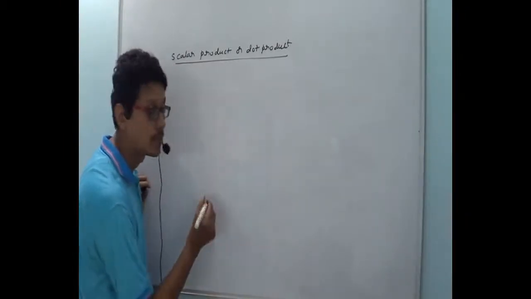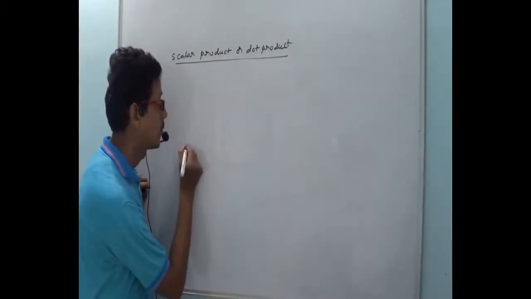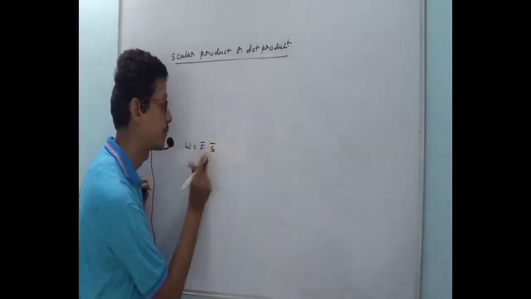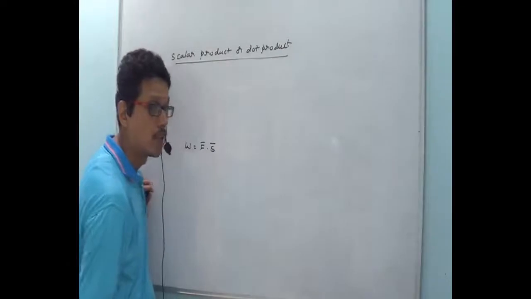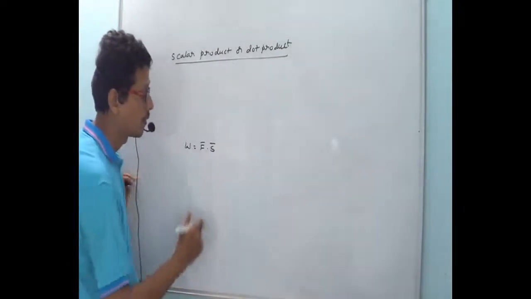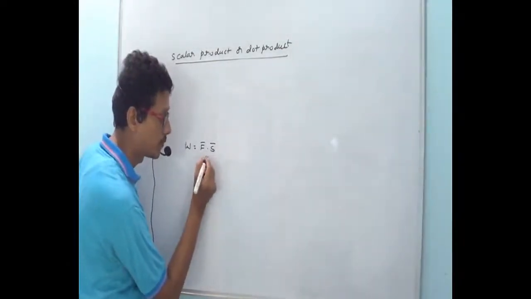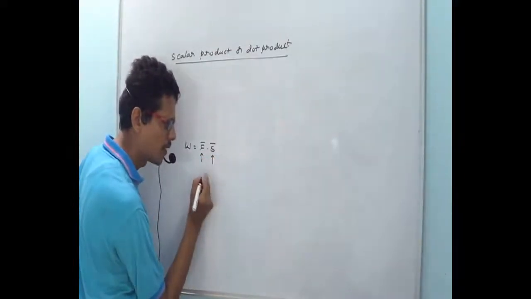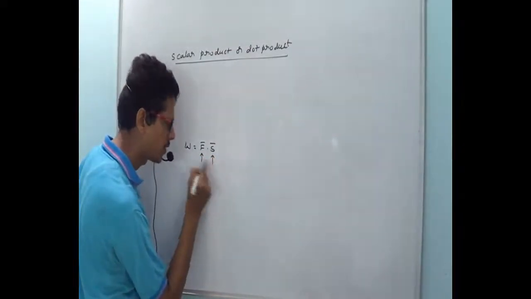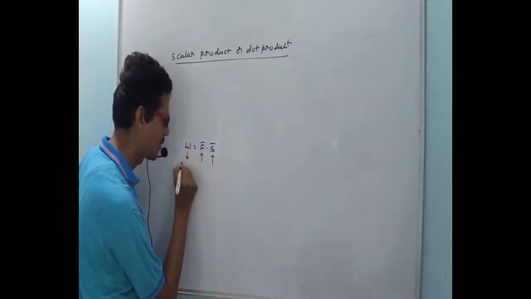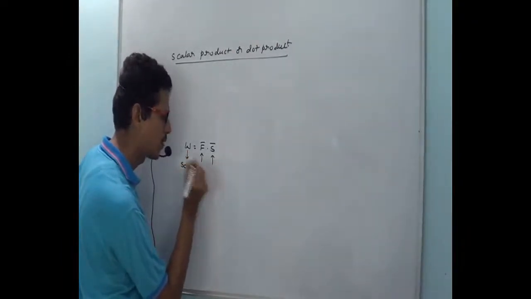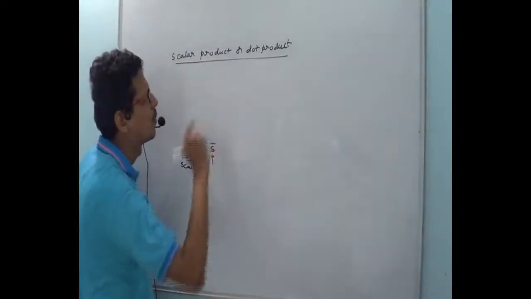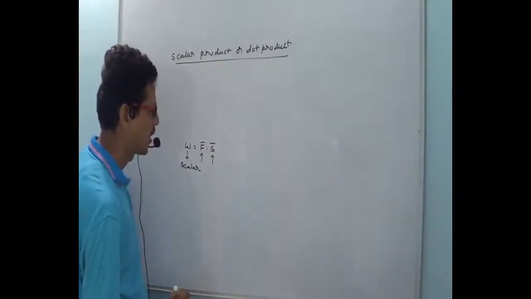We have examples. Example is work done is the dot product of force and displacement. Fs cos theta. This is the dot product. This is the vector and this is also the vector. And if you multiply these vectors, you are getting a scalar. So this work done is a scalar quantity. So that product we call it as scalar product.